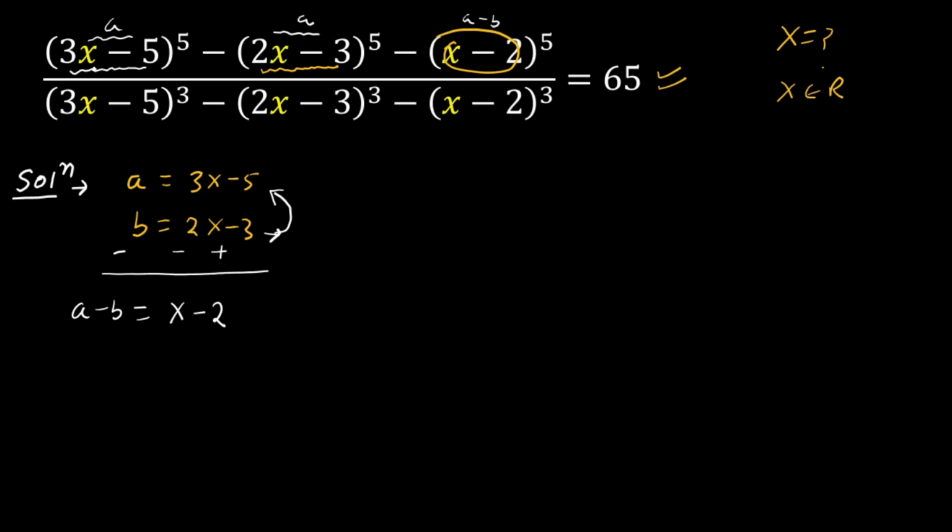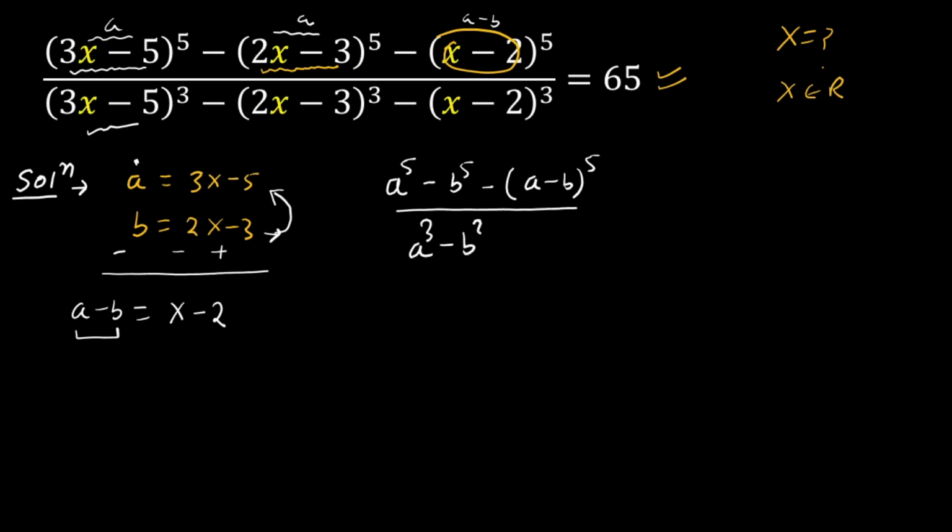So the expression becomes a^5 − b^5 − (a − b)^5, since x − 2 is replaced by a − b, divided by a^3 − b^3 − (a − b)^3, and this is equal to 65.